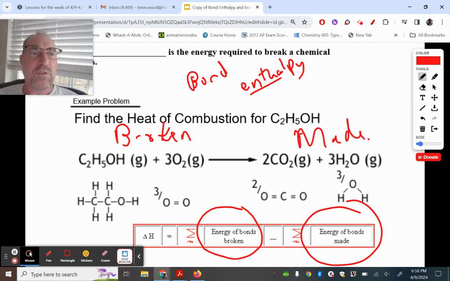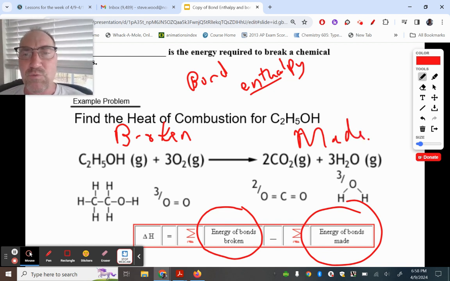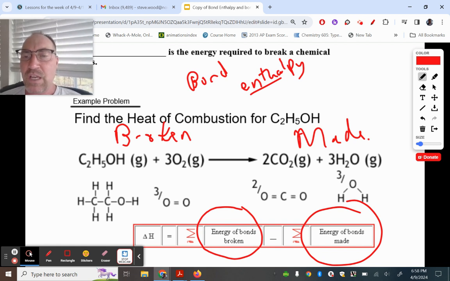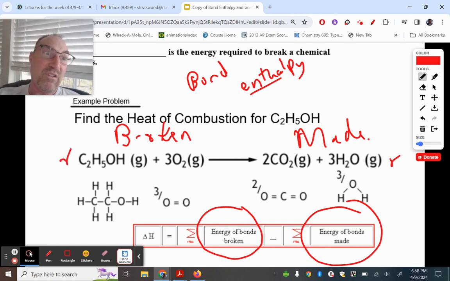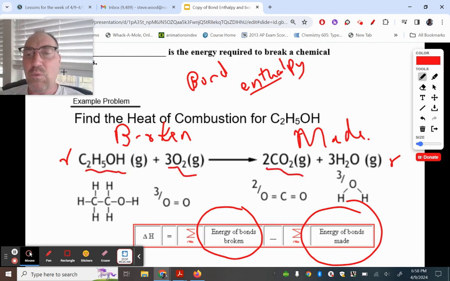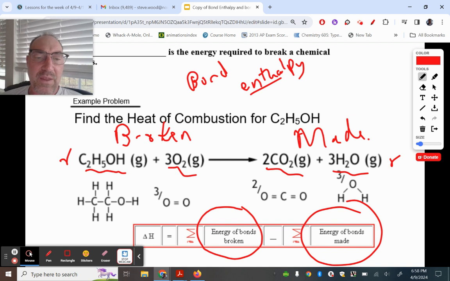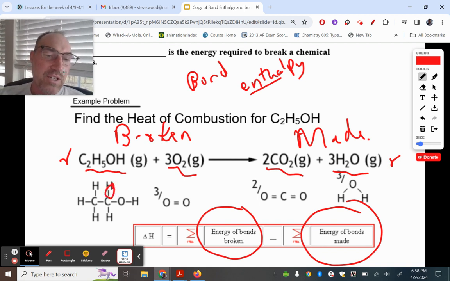And so what you have to do in this unit, just like all the other units, is when in doubt, draw it out. So if they give you this, you have to individually draw each and every structure to know what the structure is. And then you have to count how much energy it takes to break each one of these bonds. And there's a chart.